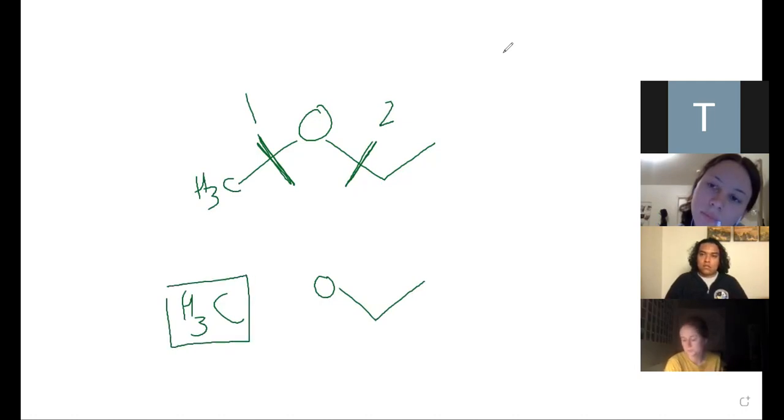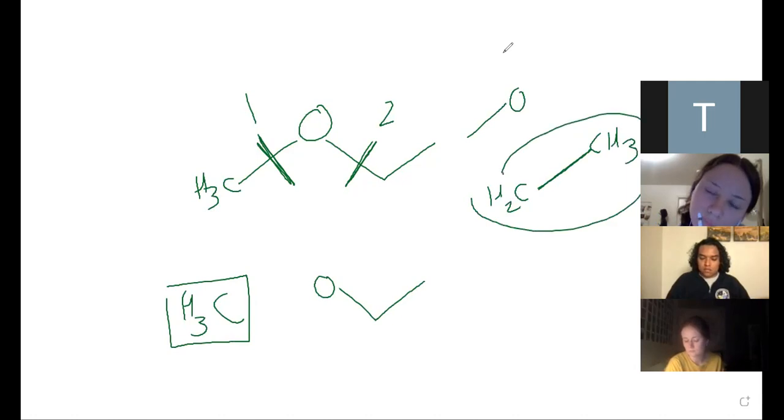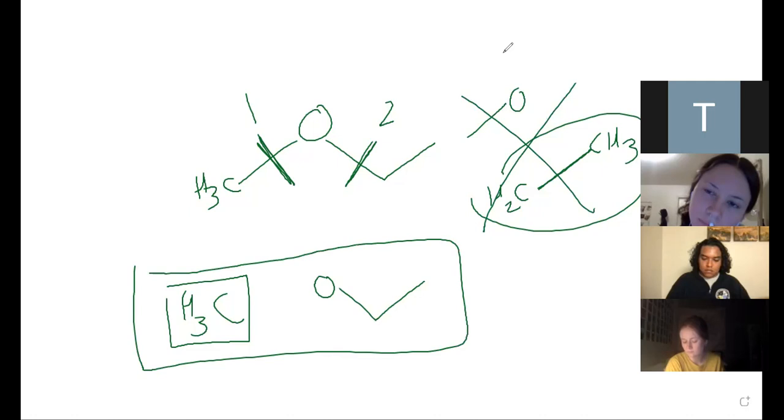Because if you cut 2, what you would get would be this plus this, and this is an ethyl, right? So this one is bigger, so then you don't want this one. You want this one. Does that make sense? Yeah. Okay.